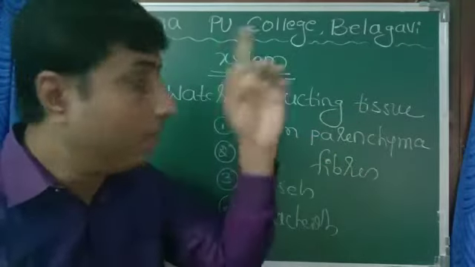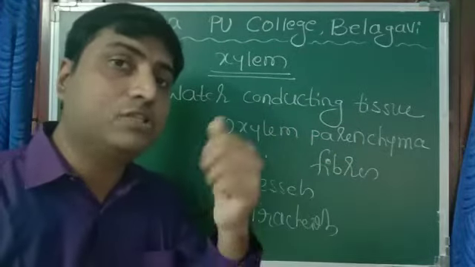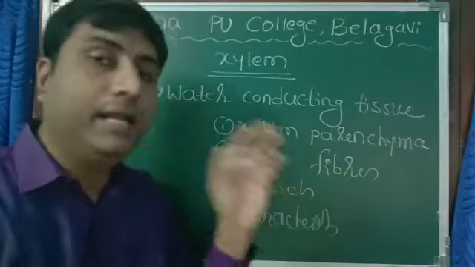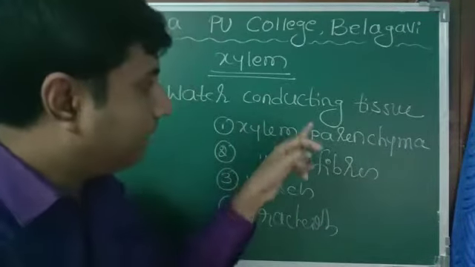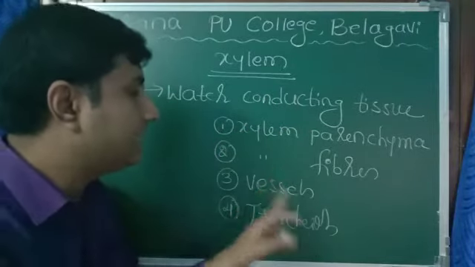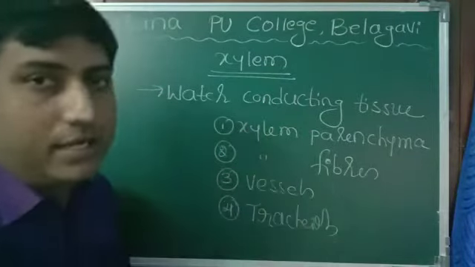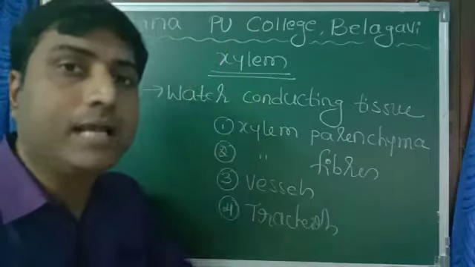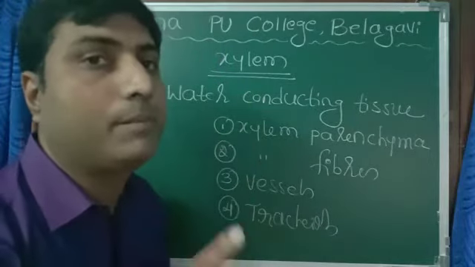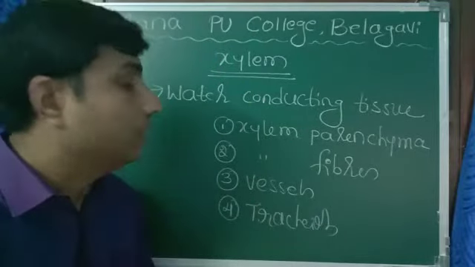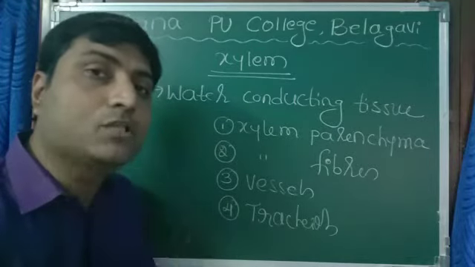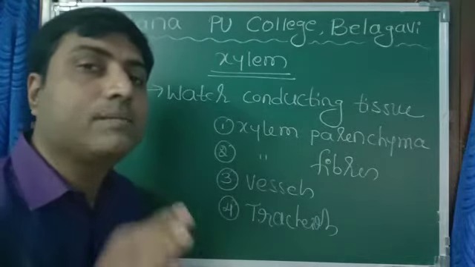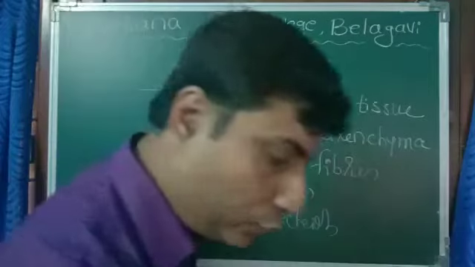Any parenchyma associated with xylem is called xylem parenchyma, and any fiber associated with xylem is called xylem fibers. So xylem parenchyma, xylem fibers, vessels and tracheids together form xylem tissue. That's why xylem is called complex permanent tissue. It helps in conduction of water, and at the same time it also acts as mechanical supporting tissue.